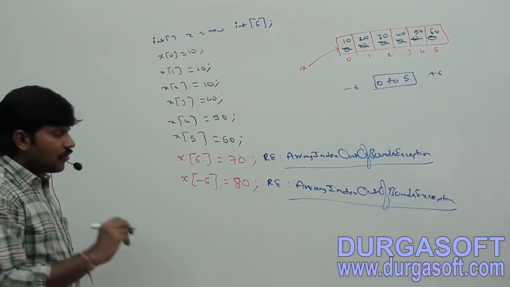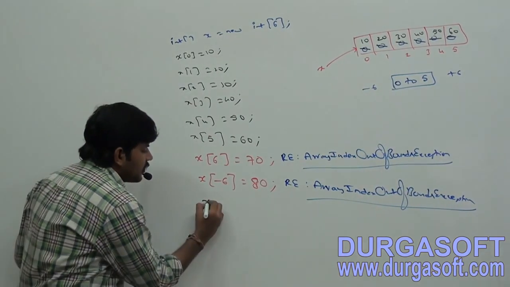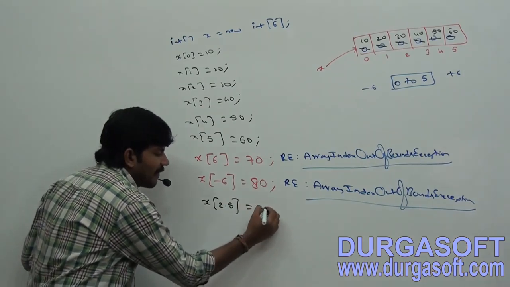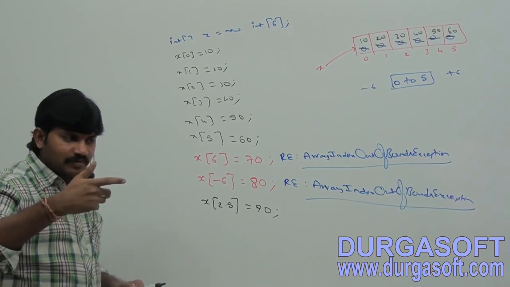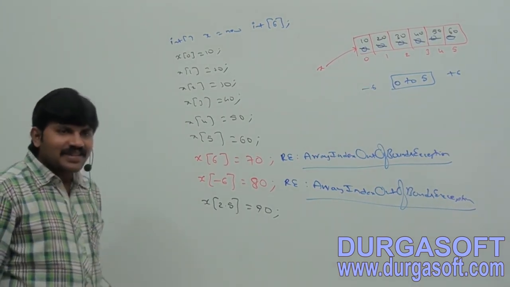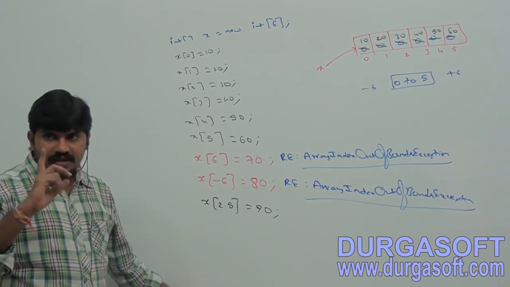Are you getting? Now, sir, here I am taking x of 2.5 is equal to 90. X of 2.5, the element is nothing but 90. Is it valid or invalid? Invalid. The compiler will give left and right because of a syntactical mistake.